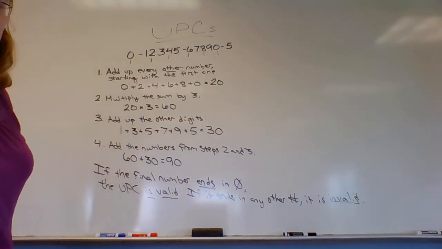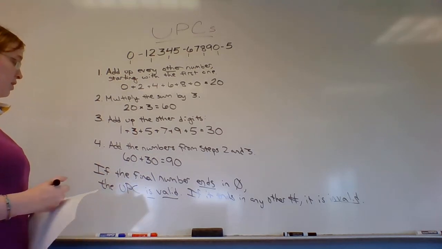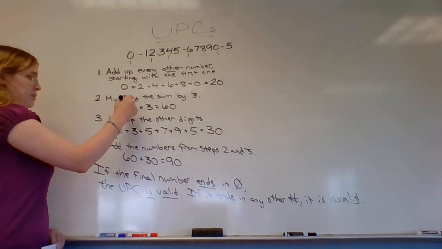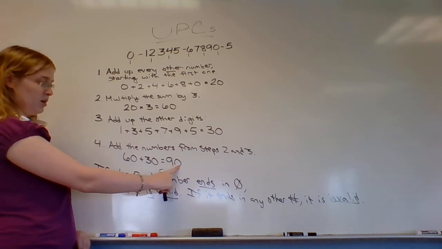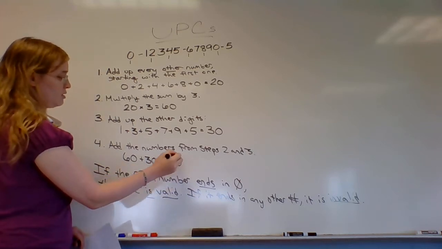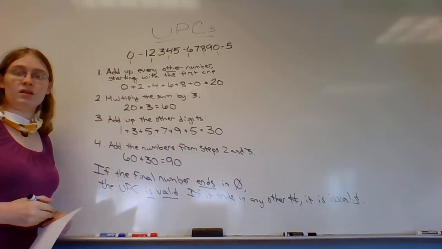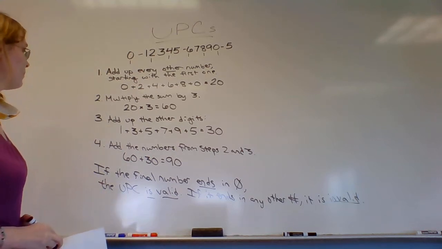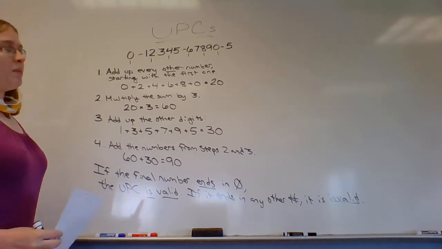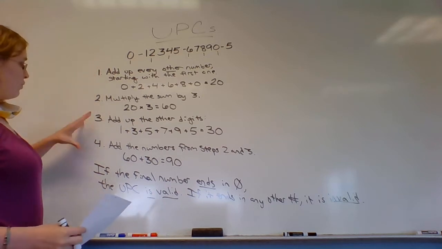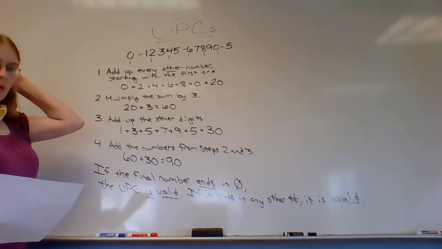Okay? If it ends in any other number, it's invalid. So because we did these steps and got a number that ends in 0, that means this UPC is a valid product code. Okay? So in past years, I always leave these 4 steps up in a corner or something.